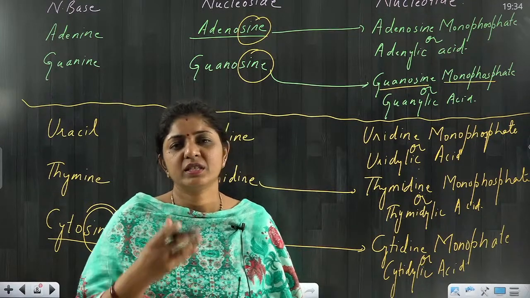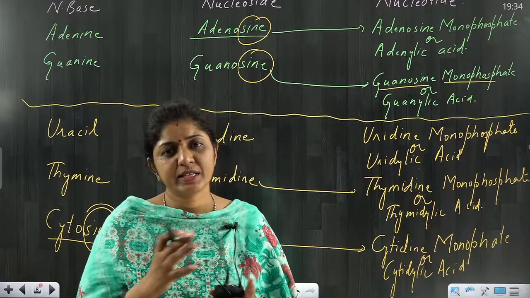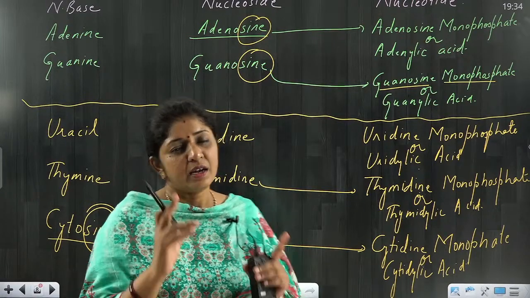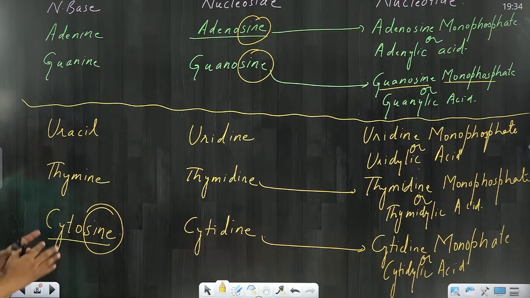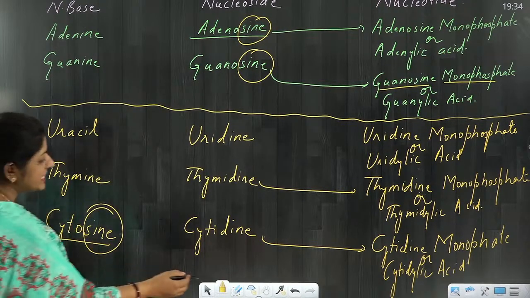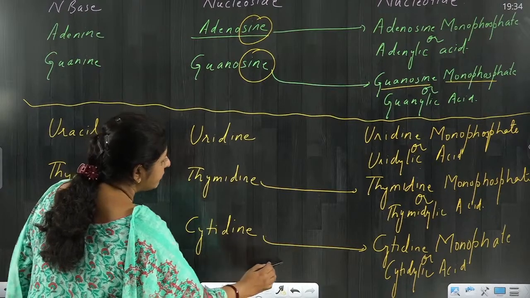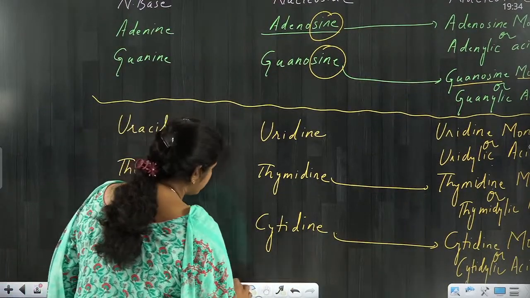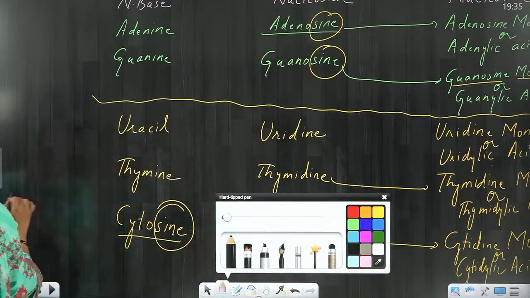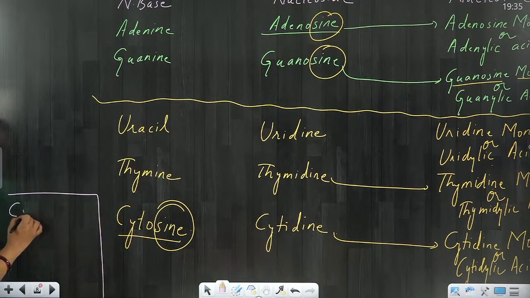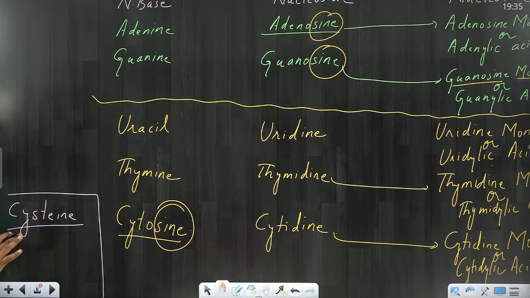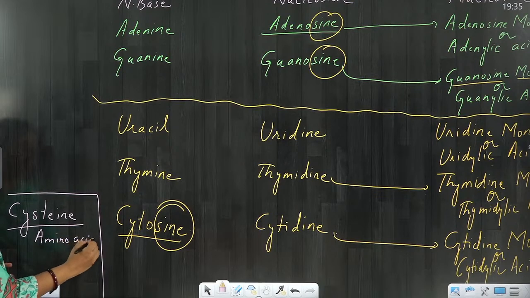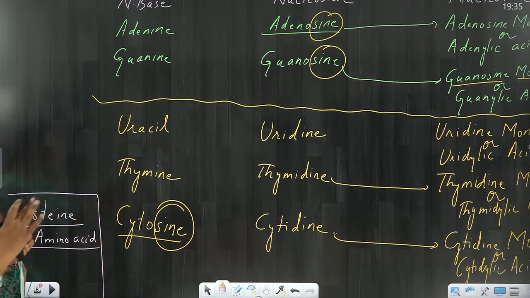Wherever you get something that sounds the same, check whether it is the same thing or a different thing. Now one more thing, if I am writing cytosine, this is a nitrogen base. As an extra note, let me write it for you. If I am writing the word cysteine, this is not a nitrogen base. This is an amino acid, a totally separate topic from here.